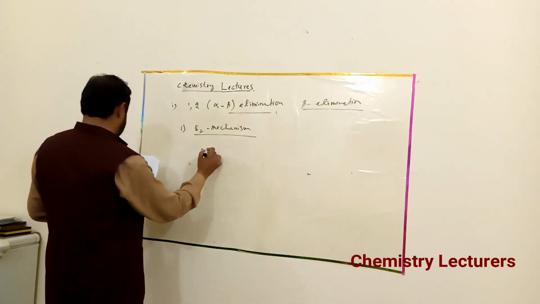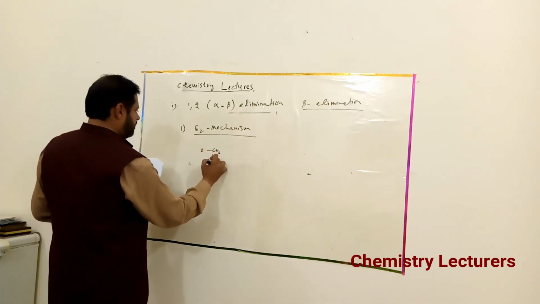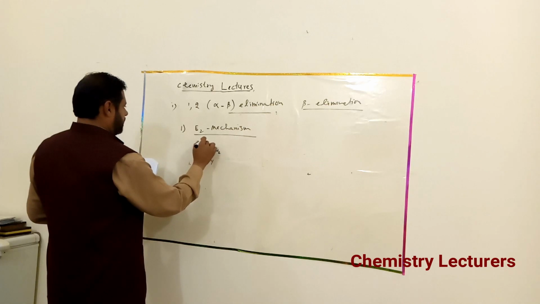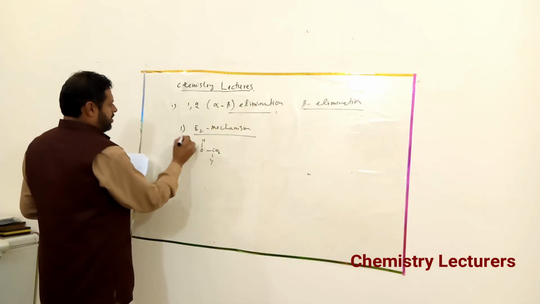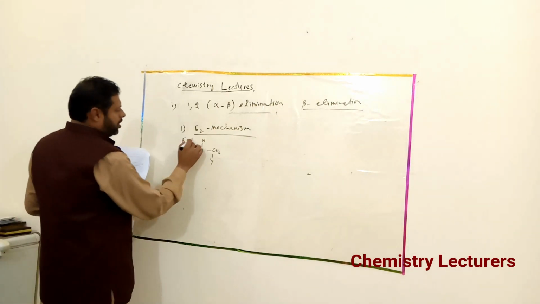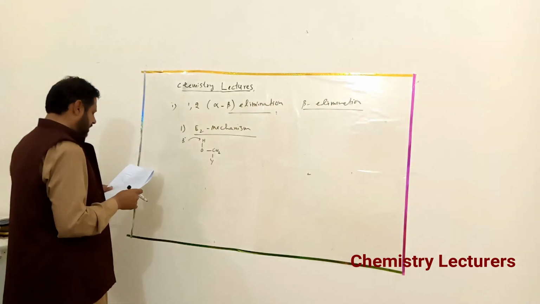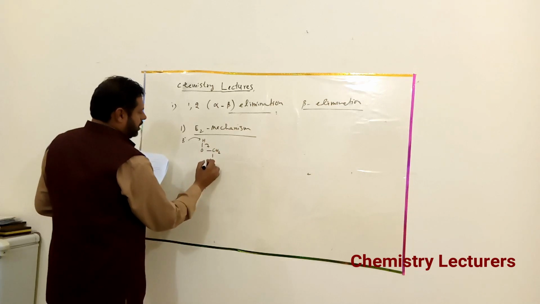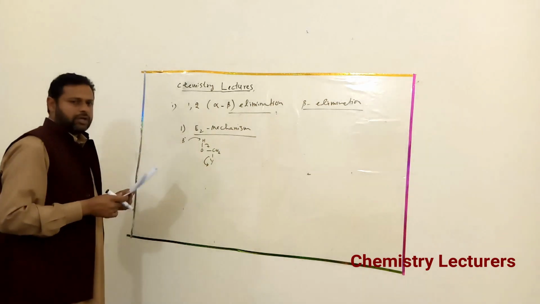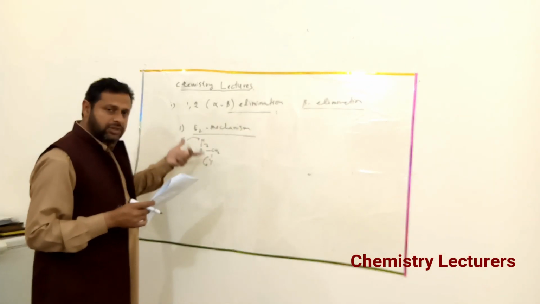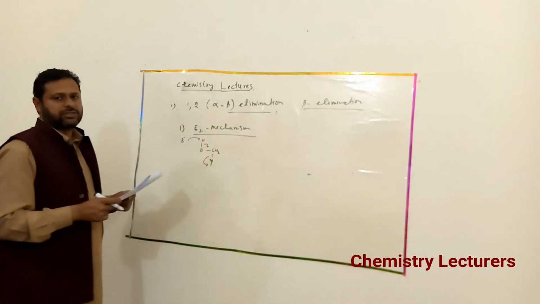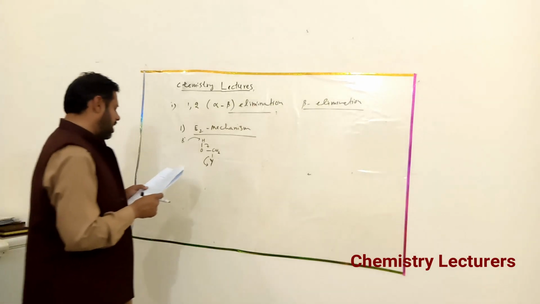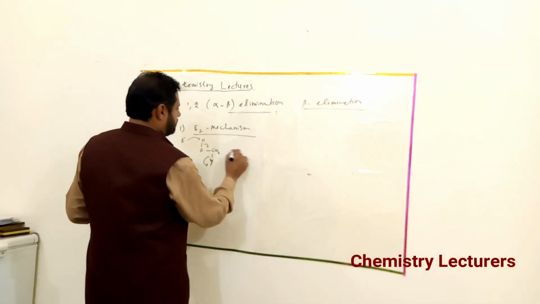For example, if we have this type of reagent, and a base removes the proton and at the same time the nucleophile is also removed, it means both groups are removed in the same step in a concerted manner. Then these types of reactions are called E2 or bimolecular reactions.